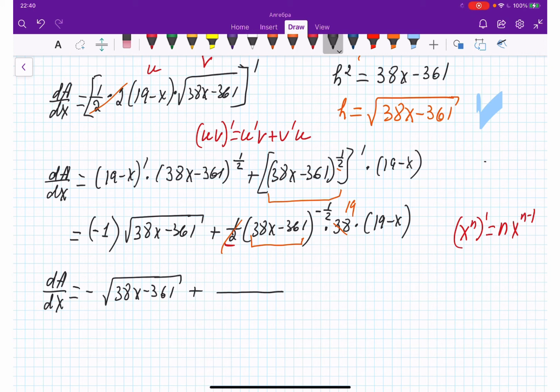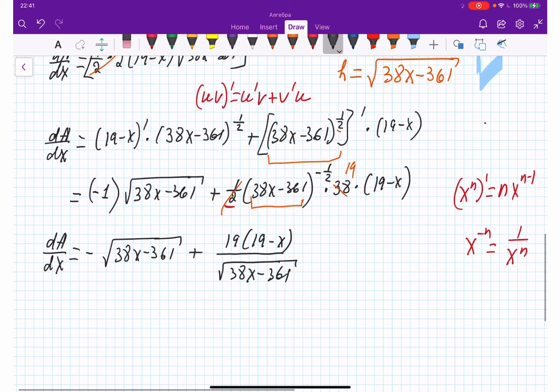It's going to flip the fraction. If you have x to power negative n, it is equal to 1 over x to power positive n. Which means it's coming into the denominator, square root of 38x minus 361, and in the numerator we have 19 times (19 minus x).